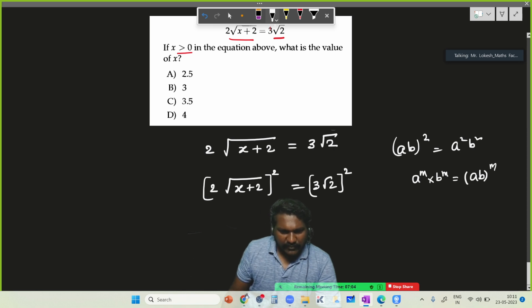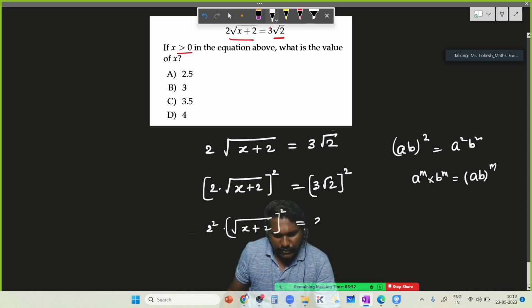In the same way, if there is power 2 for both numbers which are in product, then that power applies to both numbers. So 2 power 2 into root of x plus 2 whole square is equal to 3 power 2 into root 2 whole square. So here square and root get cancelled, here also square and root get cancelled.